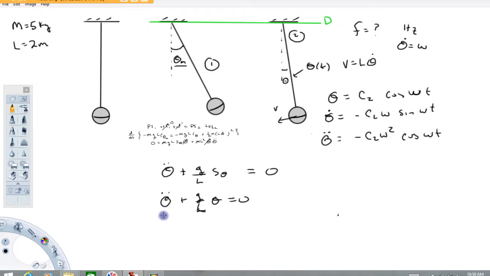So theta double dot is this term, minus C2 omega squared cosine omega t, plus g over L times theta. Theta is given by this function, C2 cosine omega t, and then equals 0.